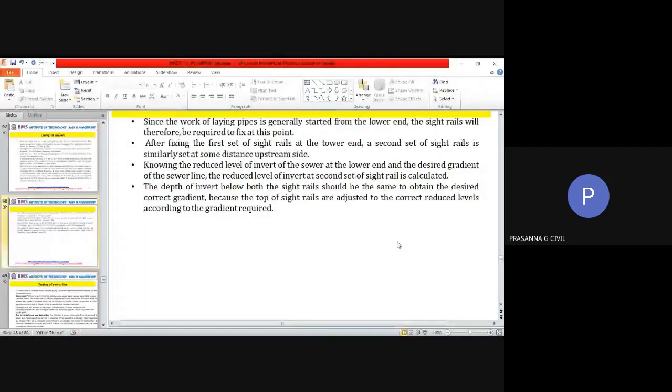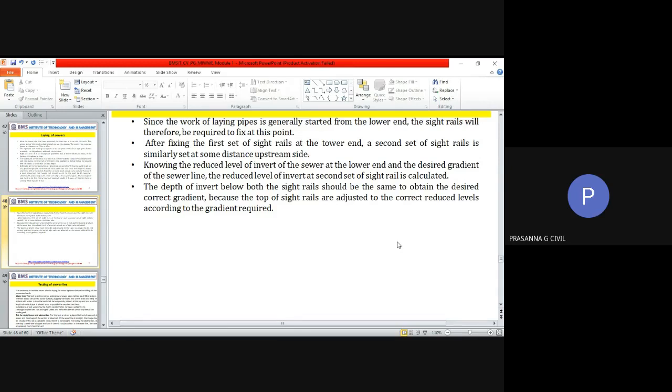So the same height, after you decide the gradient, the particular height at which you want the site rail will be fixed. Knowing the reduced level, that is the RL of the invert of the sewer at the lower end, and the desired gradient of the sewer line, the reduced level at every point can be calculated.